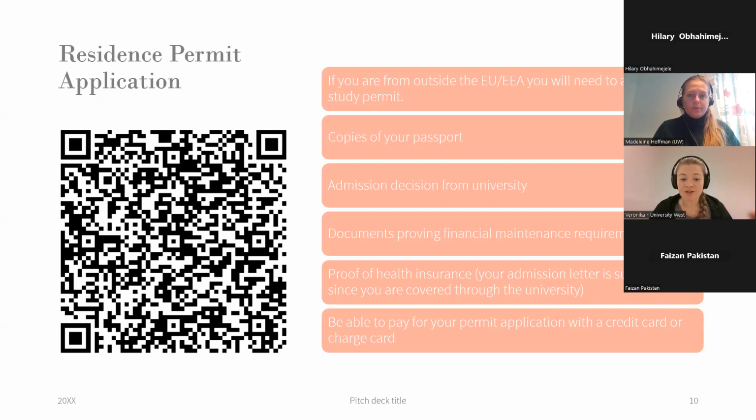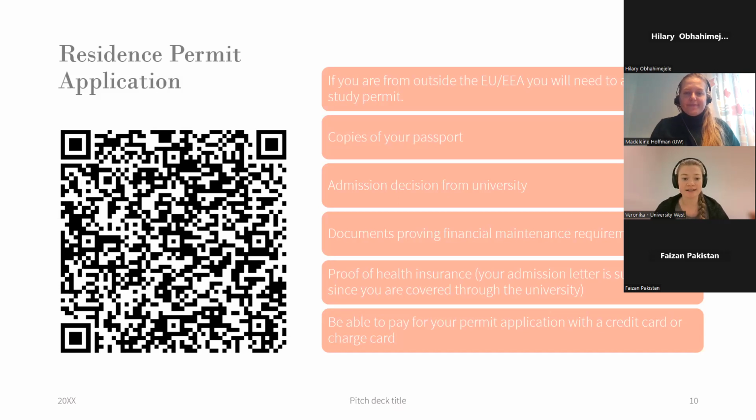Then the documents to show that you can maintain yourself financially, and your proof of health insurance, but your letter of acceptance will be enough, the one that you get from the university, since you are covered by the insurance from the university. Our insurance company is called Kammarkollegiet. You can also look that up on our website, hv.se.